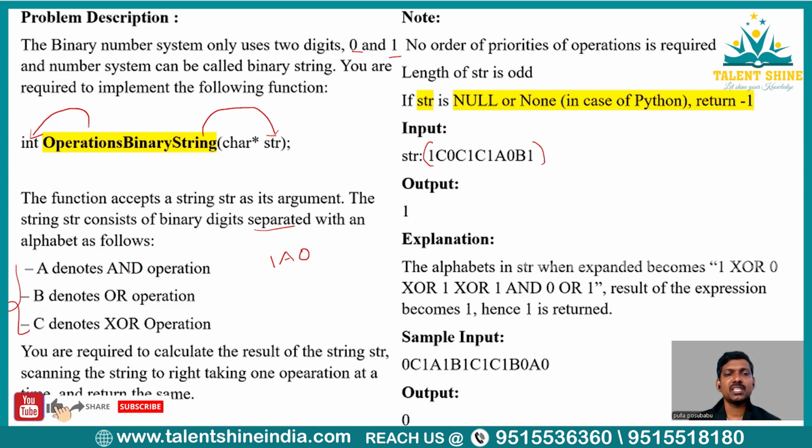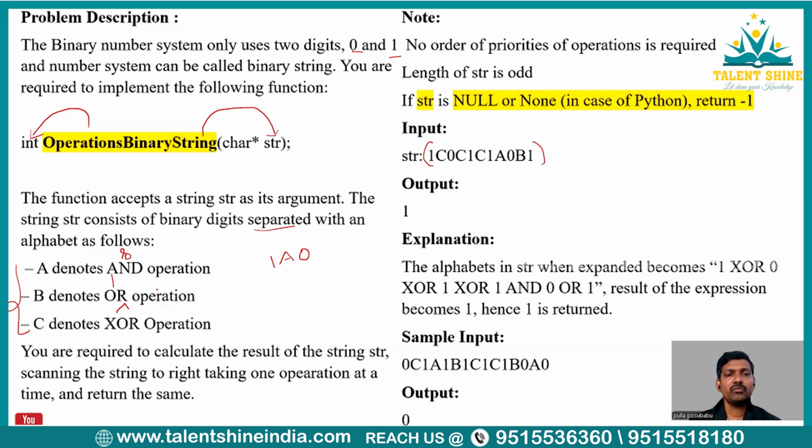A represents the bitwise AND operation. Capital B denotes the bitwise OR operation. Capital C denotes the bitwise XOR operation. I hope everybody is clear.